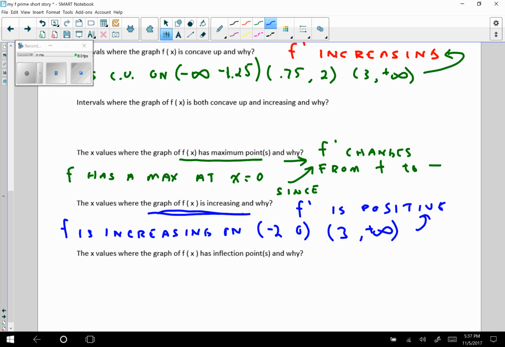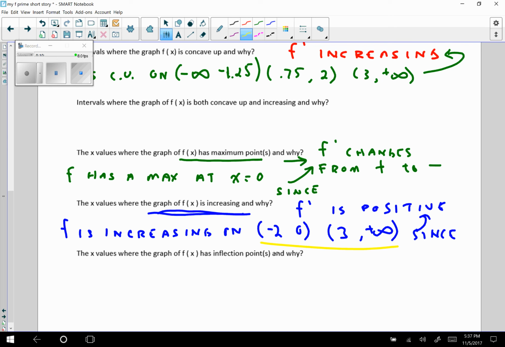Why? And this is your reason, since f prime is positive. Very simple. If this were an actual AP, this particular portion would be worth 2 points. 1 point for the interval, and 1 point for your reason. Your reason comes right from your cliff notes. Pretty straightforward.